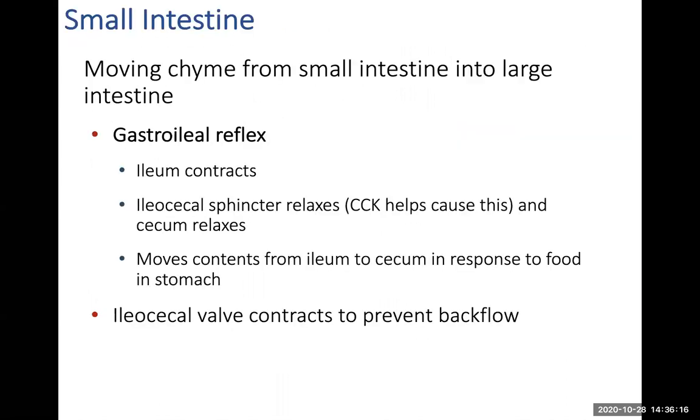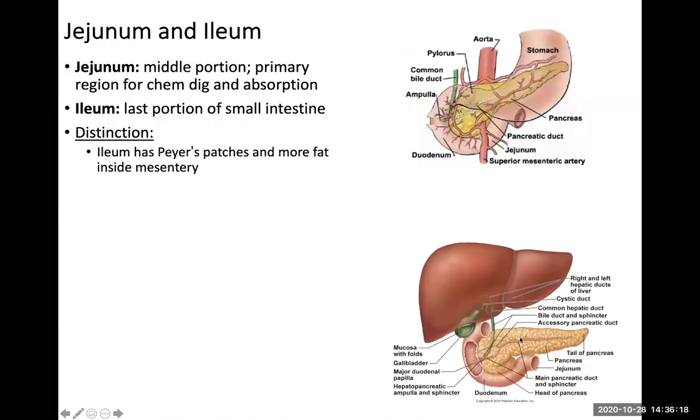So if we go back to this slide right here, because it's covered in lab, I'm not talking in lecture about the ducts that connect the accessory digestive organs to the duodenum.